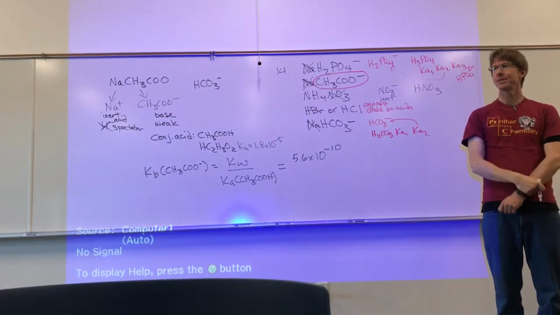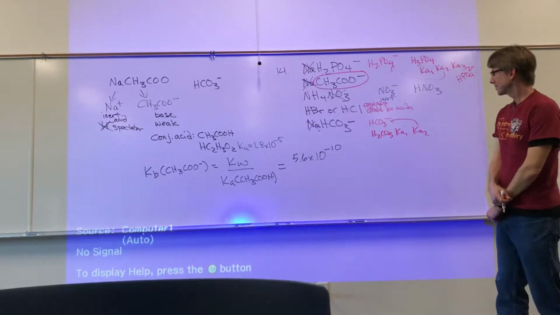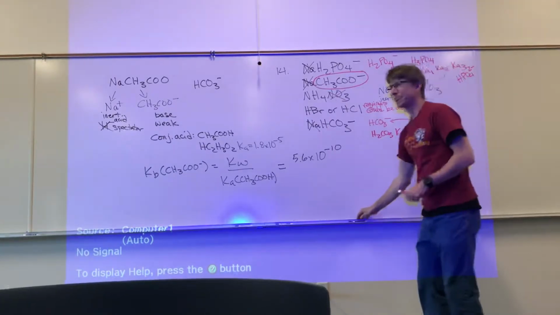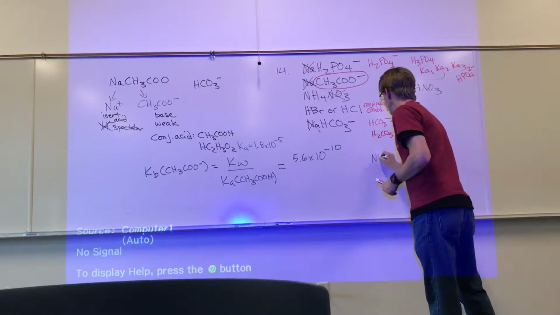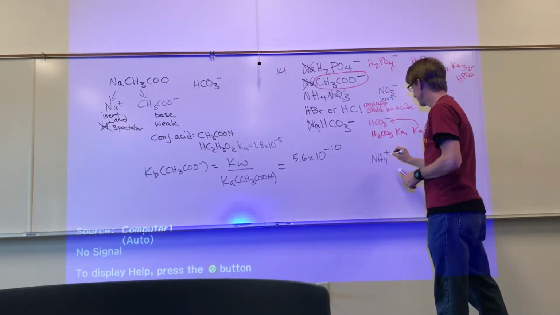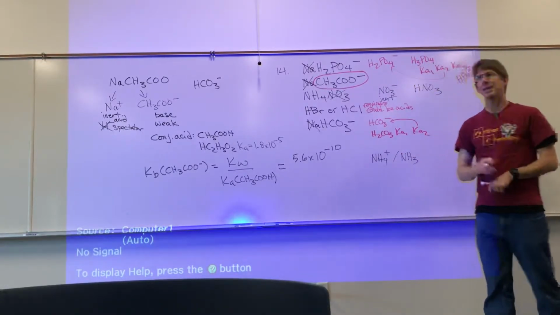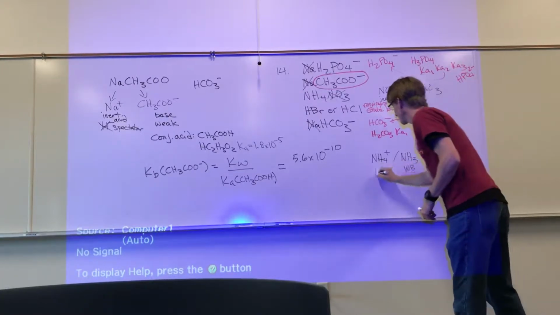Logan? You showed ammonia as the conjugate acid of ammonia. There's one more, the one below it. Scroll it over. Sorry, which one are you asking about? NO3. The ammonia, or the ammonium. Yeah. So that's a conjugate acid of ammonia. Yeah, no, so we know this is a weak base.